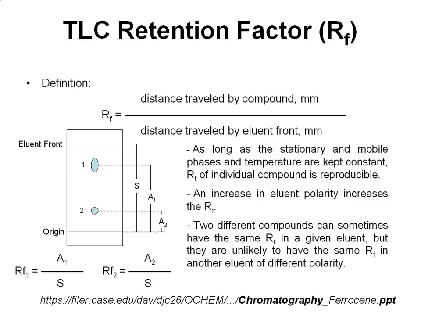And again, the same principle applies. If you increase the polarity of your eluting solvent, you're going to move your component more quickly up the plate. Now, coincidentally, two different compounds can sometimes have the same Rf in a given eluent, but to get better resolution, you try different solvents.